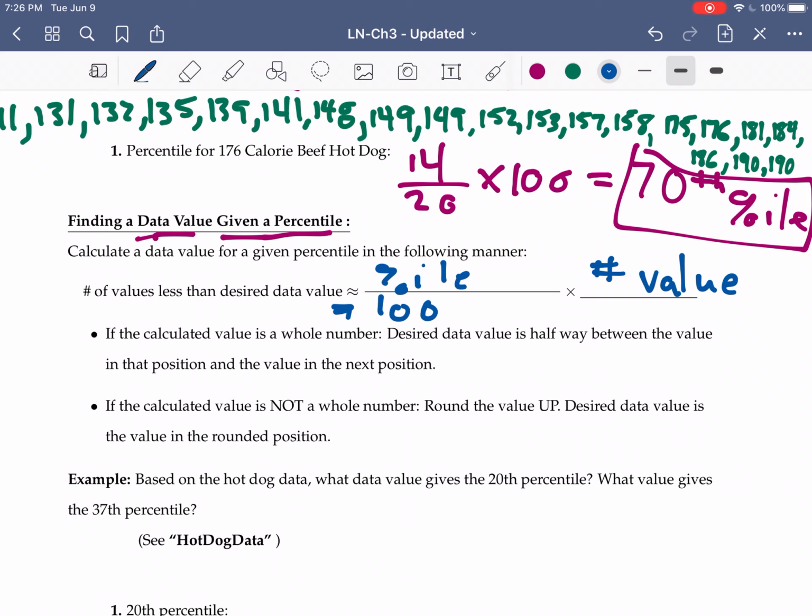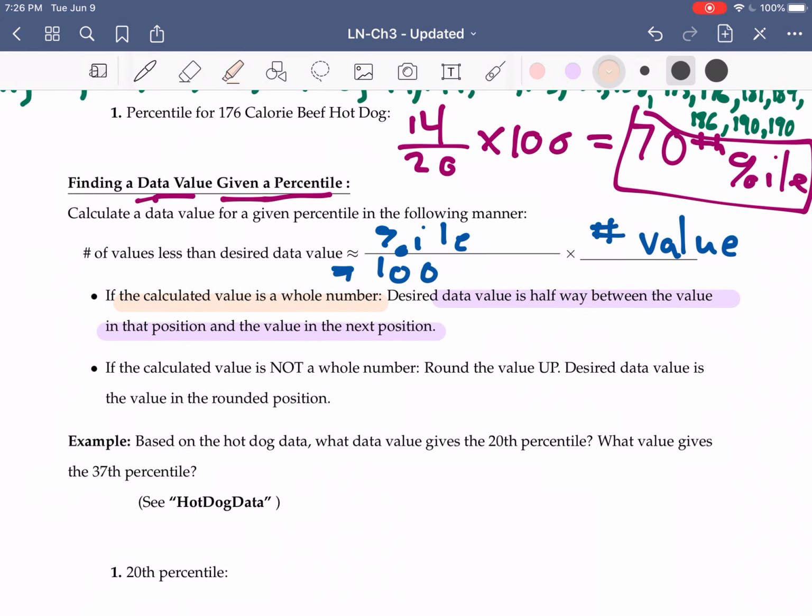If the calculated value is a whole number, then the location of the value that we want is halfway between the value in that position that we just calculated and the value in the next position.